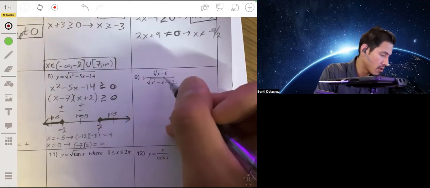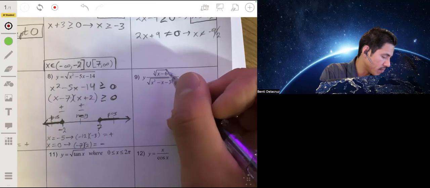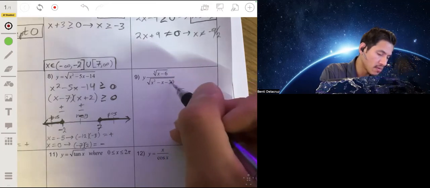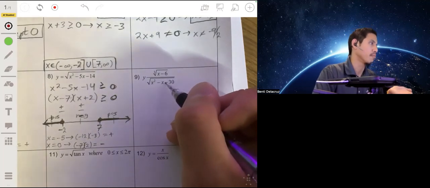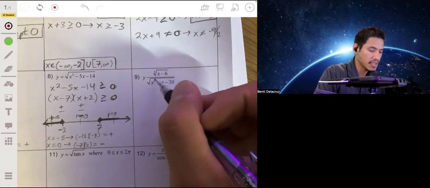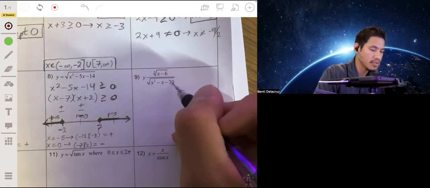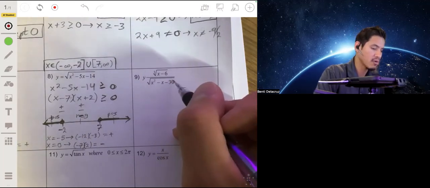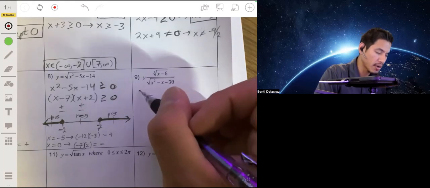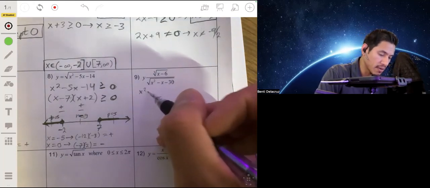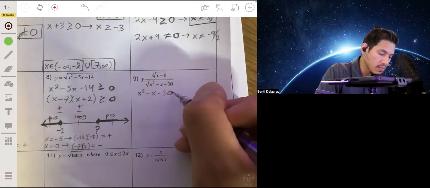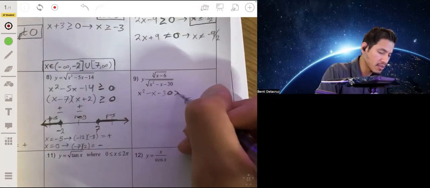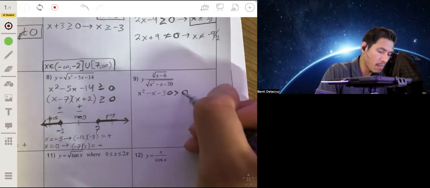Okay, let's move on. So here we again don't want to make the denominator 0 because we can't divide by 0, and we don't want to make the quantity in here negative. So we have x squared minus x minus 30. It can't be negative, so we want it to be greater than 0.